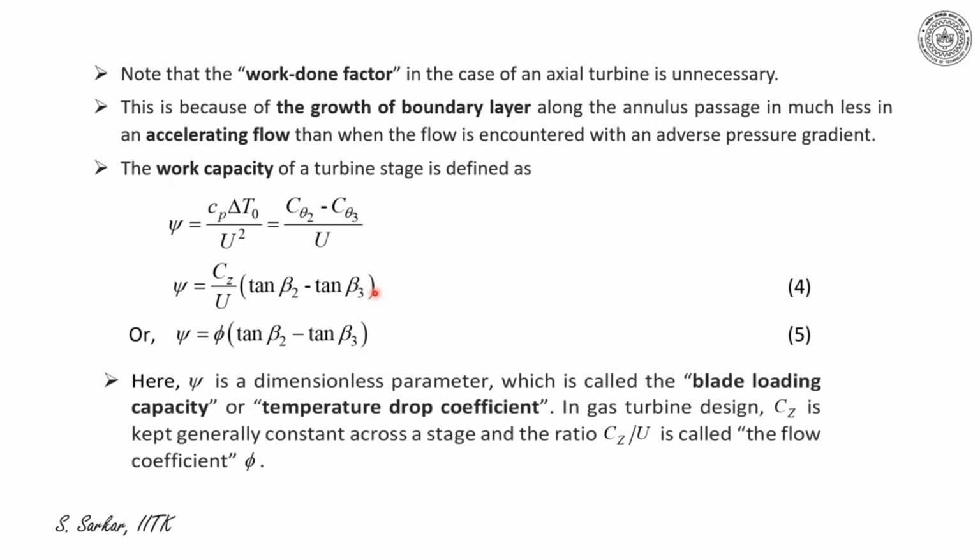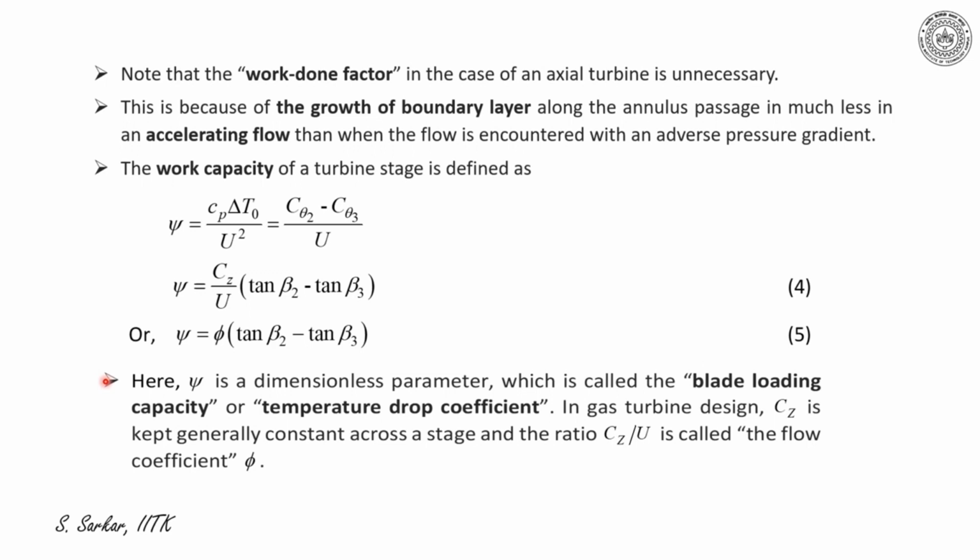This I have given equation number 4. Or I can write Xi is equal to phi into tan beta 2 minus tan beta 3, equation 5. Xi is a dimensionless parameter which is called the blade loading capacity or the temperature drop coefficient.